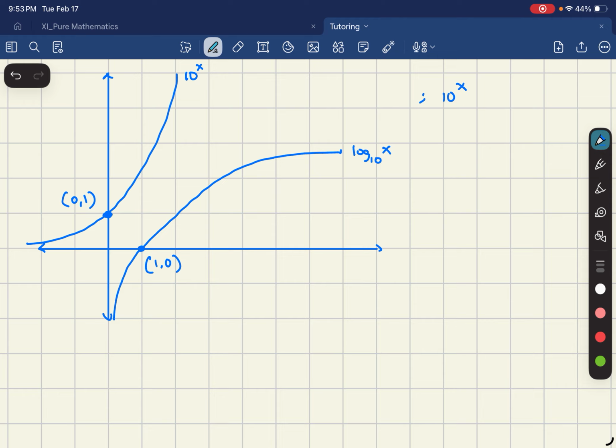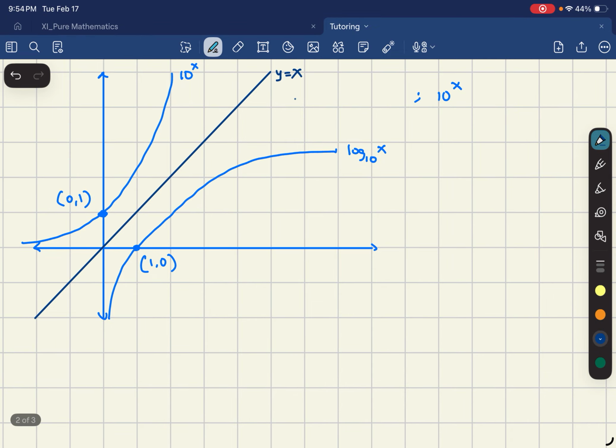If you notice here, the coordinates between these two points have just flipped, (0, 1) and (1, 0). And actually, if you look at any point here, it is a reflection about the line y equal to x. So if you reflect the whole graph over this line, then you actually get the above graph.